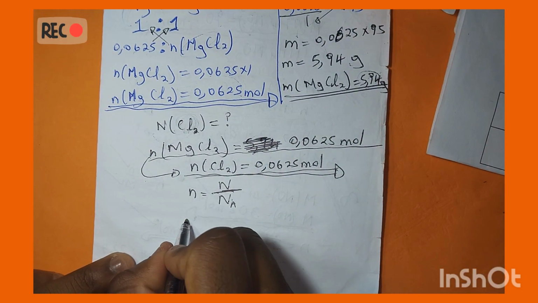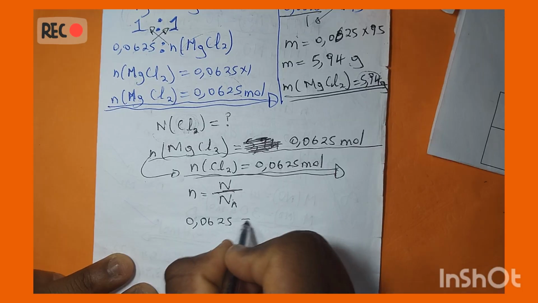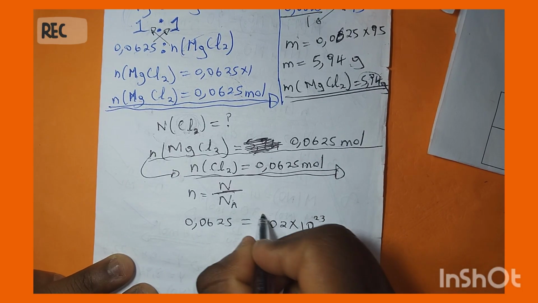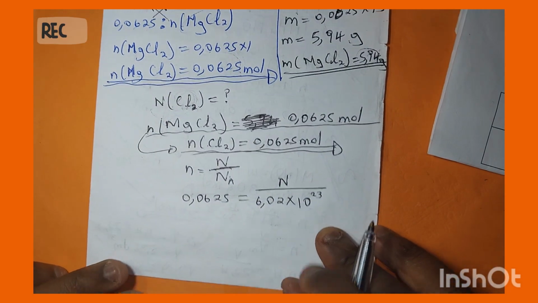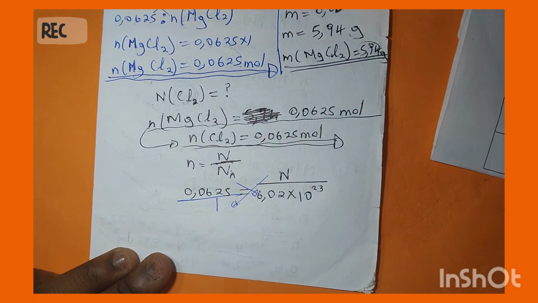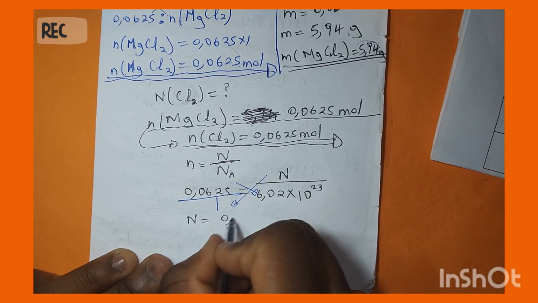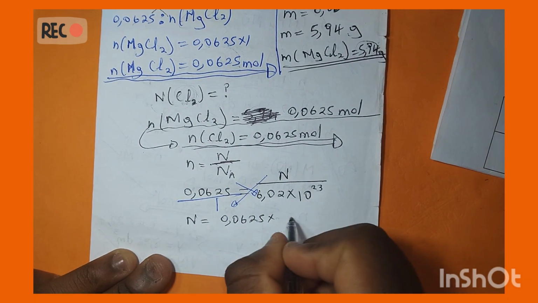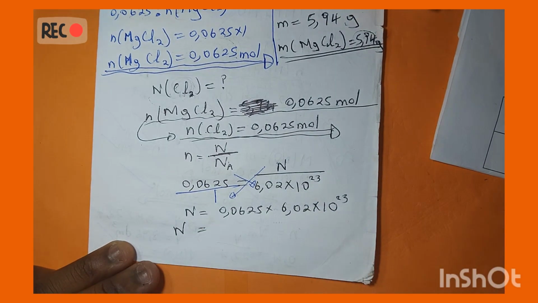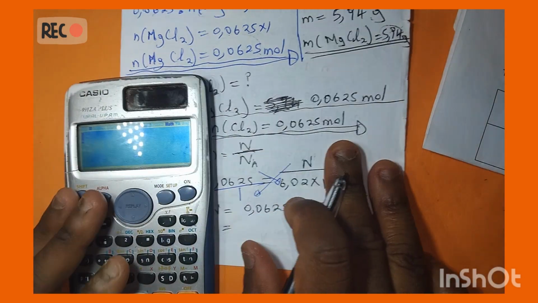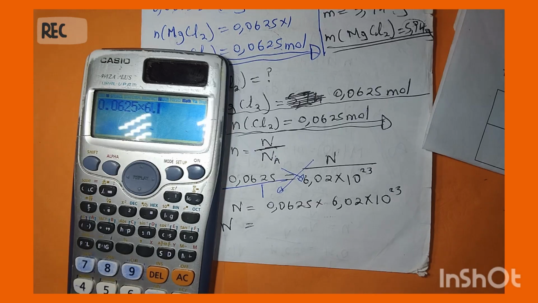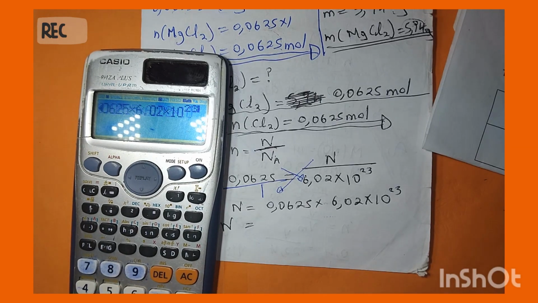This thing there, you have it, 0,025, which is here, it's equal to 6,02 multiplied by 10 to the power 23 divided by N. So now what you can do there, you can do your cross multiply, this multiply that, this multiply that. So here it will be N. Meaning that now this, you should press it on a calculator, which is 0,025 multiplied by 6,02 times 10 to the 23.